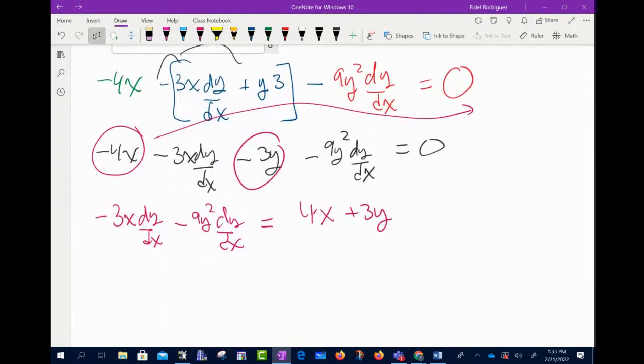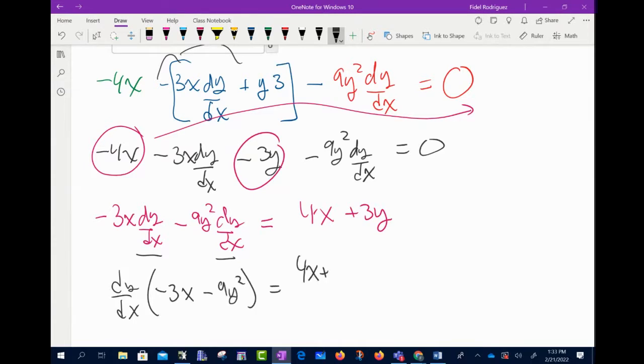All right. Do y'all agree we should factor out the dy dx? Okay. So dy dx times negative 3x minus 9y squared equals 4x plus 3y. Okay. What's the last step? Dividing, right?